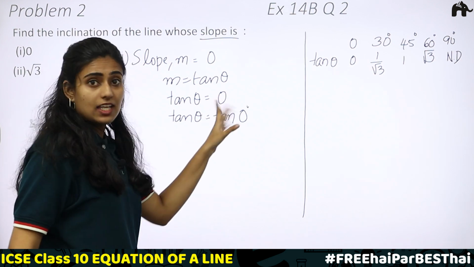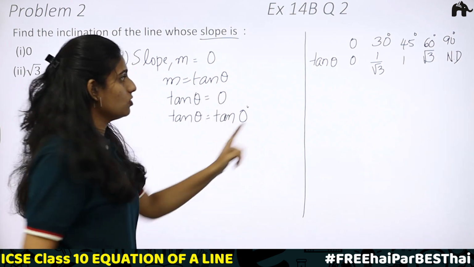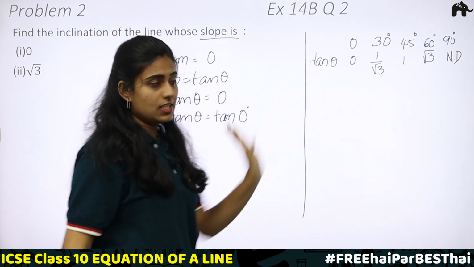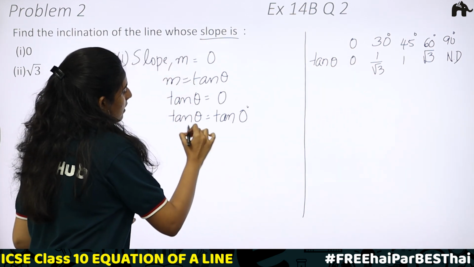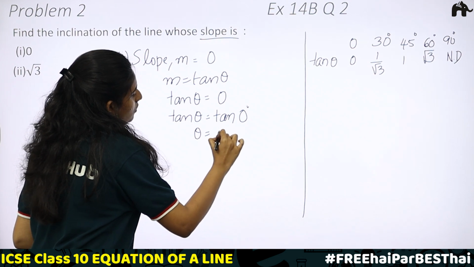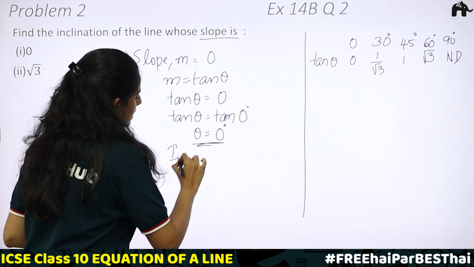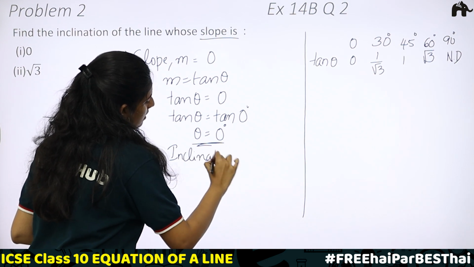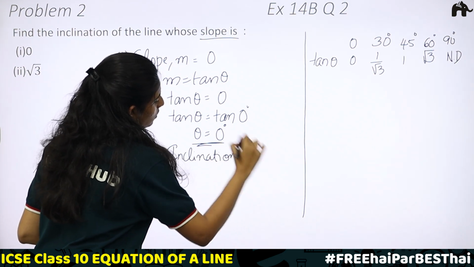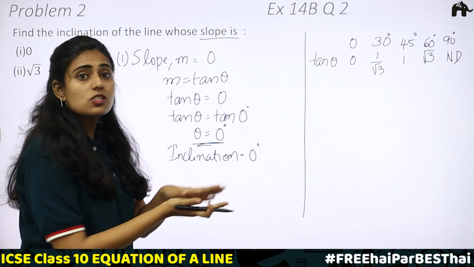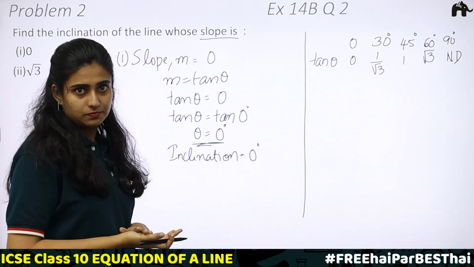Check from this, we get tan 0 is equal to 0. Now, we get theta is therefore equal to 0 degree. This theta is the inclination. Therefore, inclination is equal to 0 degree. Okay, there is no vertical rise in this case.